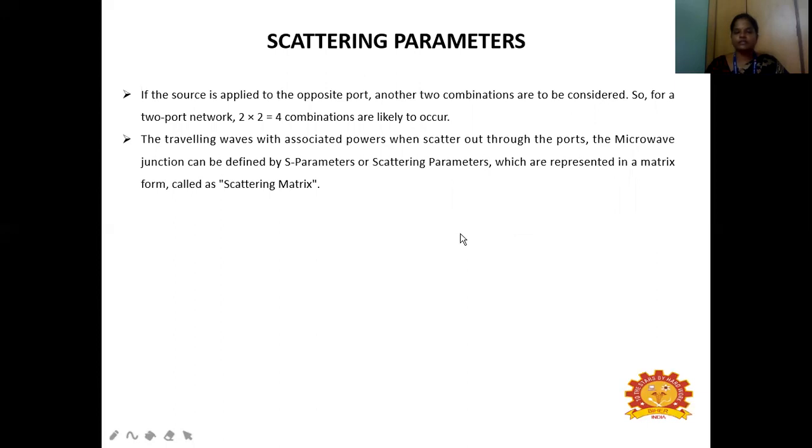If the source is applied to the opposite port, the other two combinations are to be considered. The traveling waves with associated powers, when scattered out through the ports, can be defined by S parameters or scattering parameters, which are represented in a matrix form called the scattering matrix.